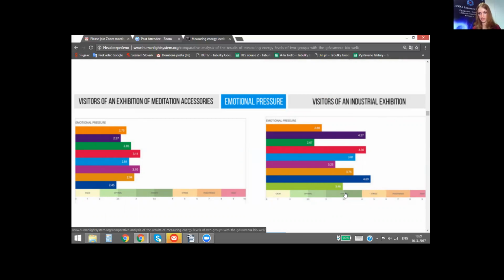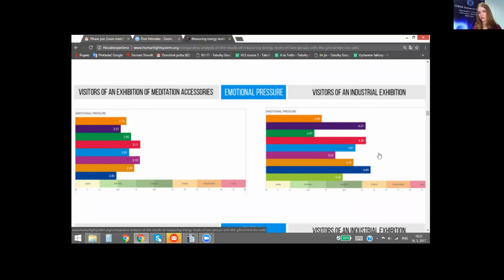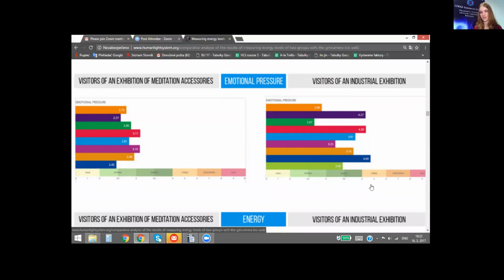You see that the average level is anxiety. It is quite far from the optimal level, which is here. And some people even have reached the level of stress. So the people who took part in this industrial exhibition are obviously in a state of higher emotional pressure.